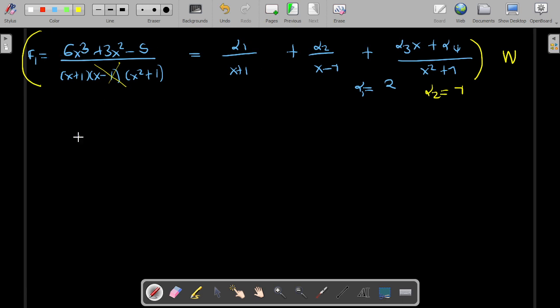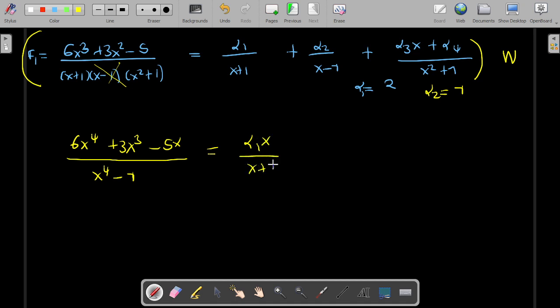So here we should have 6x to the power 4 plus 3x to the power 3 minus 5x, like so. When we multiply by x, this is going to be divided by our denominator, x to the power 4 minus 1. Remember, I've taken the original form. Now this is equal to, if we multiply by x here, alpha 1x divided by x plus 1, and then plus alpha 2x divided by x minus 1.